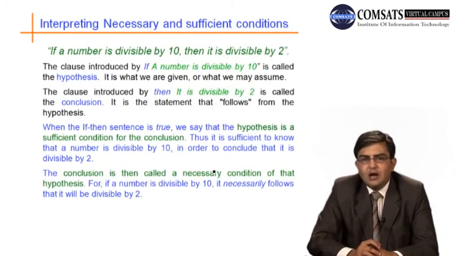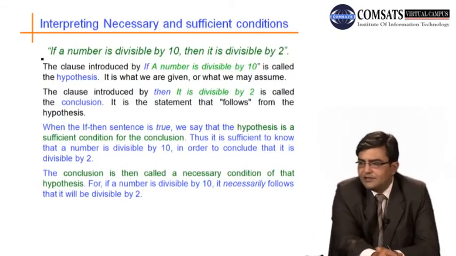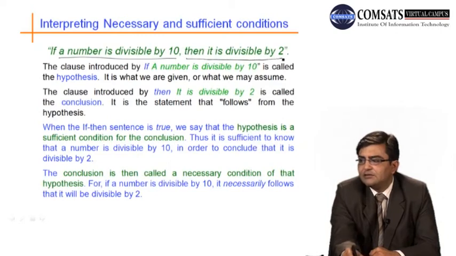The next is how we interpret the necessary and sufficient conditions in logical statements or conditional statements. For example, if we have this proposition: if a number is divisible by 10, then it is divisible by 2.